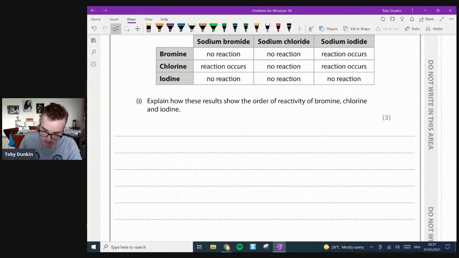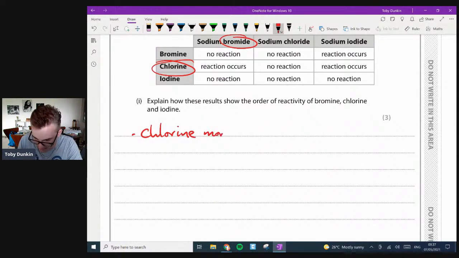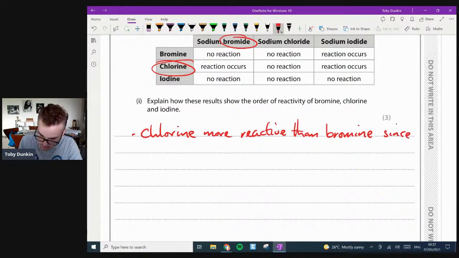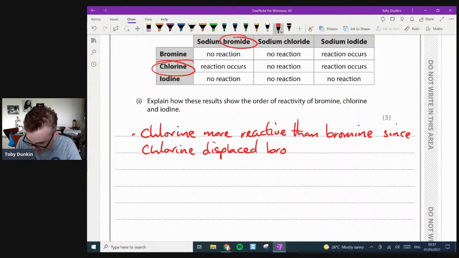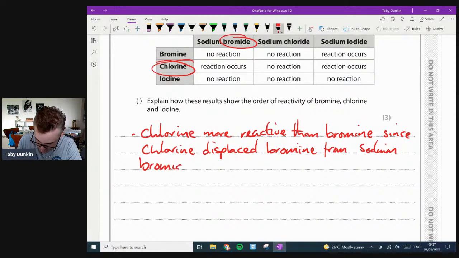Okay, so chlorine is more reactive than bromine since chlorine displaced bromine from sodium bromide. Full stop.